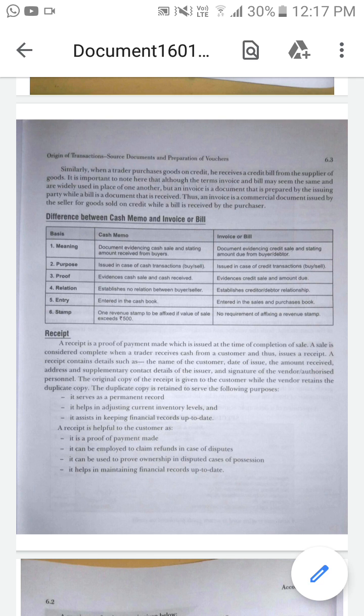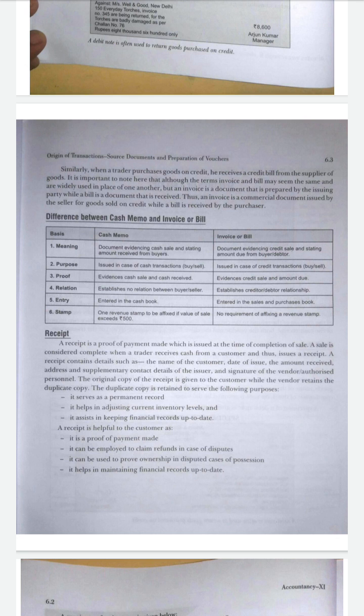A receipt is also a proof of payment made at the time of completion of a sale. So where a sale transaction is completed, it is one of the proofs of payment. A sale is considered complete only when the trader receives the cash from the customer and issues a receipt.